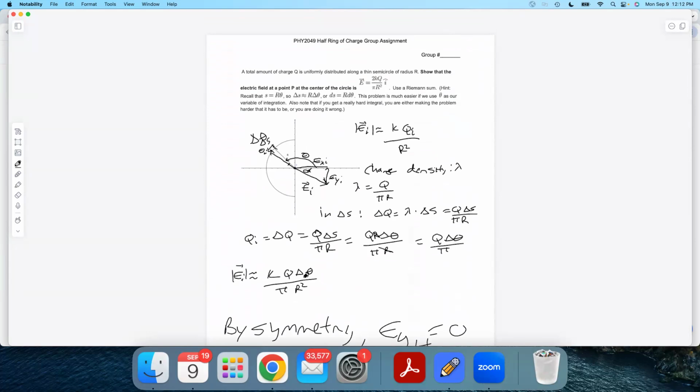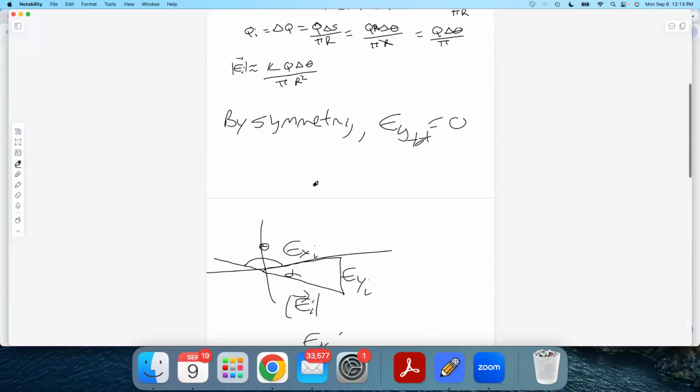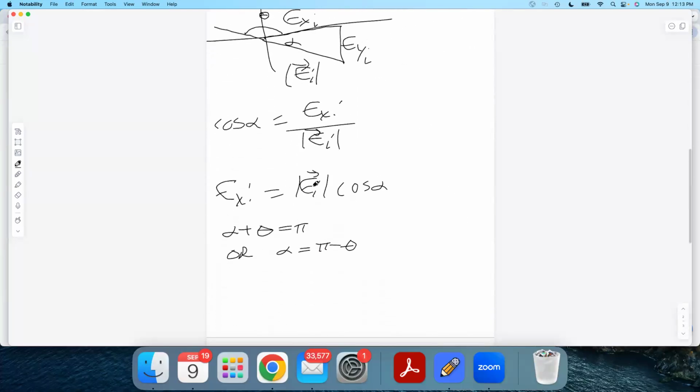I need everything in terms of theta, and alpha and theta are not the same angle. They're supplementary angles. Why do we care about that? Because the cosine of, say, angle A is the opposite of the cosine of the supplement of that. We're going to pick up this extra negative sign.